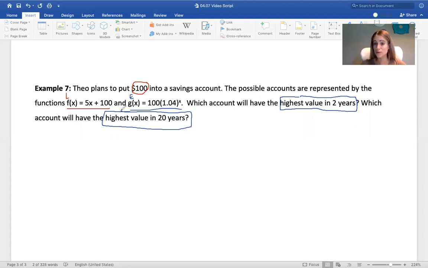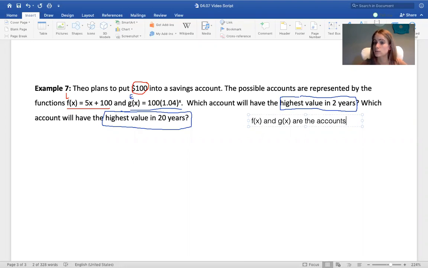All right, once again, before I can solve and do my substitution, I need to identify my variables so I know whether the 2 and 20 are gonna be substituted in for x, or my f of x and g of x. Well, our equations, it says the possible accounts. So that means f of x and g of x must be our accounts.